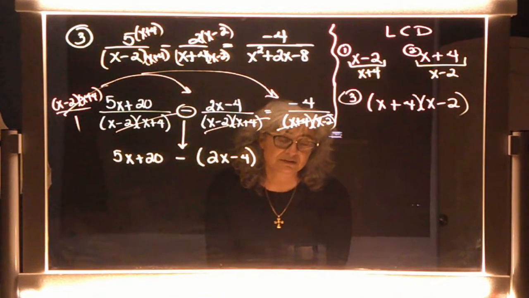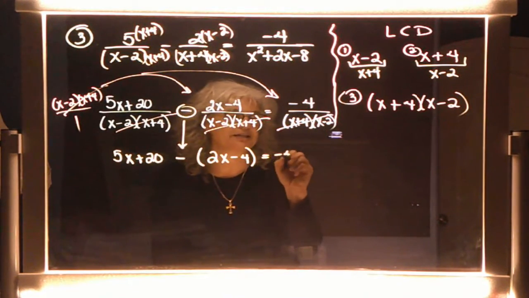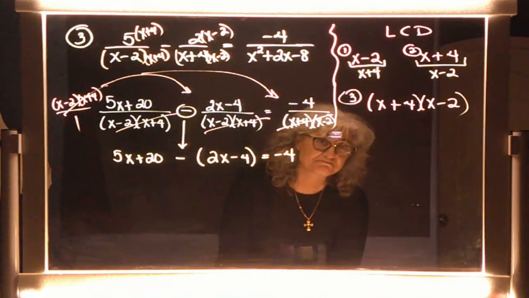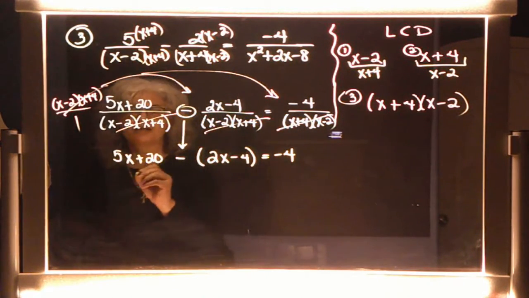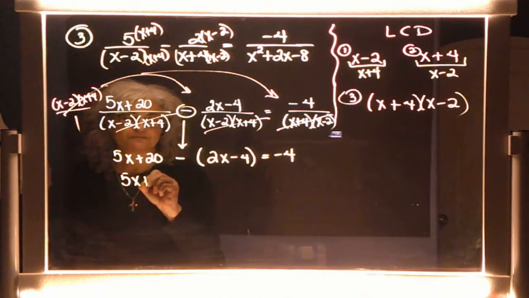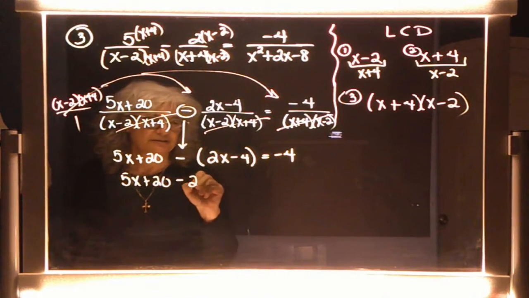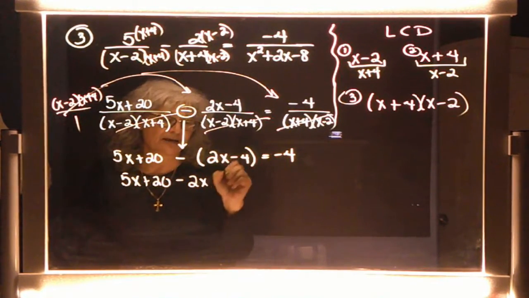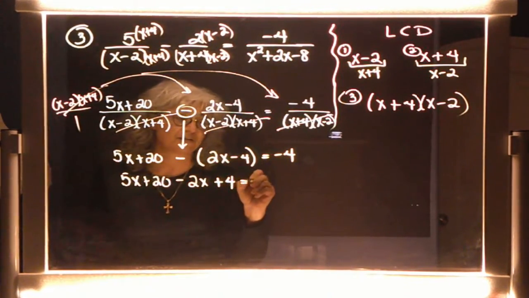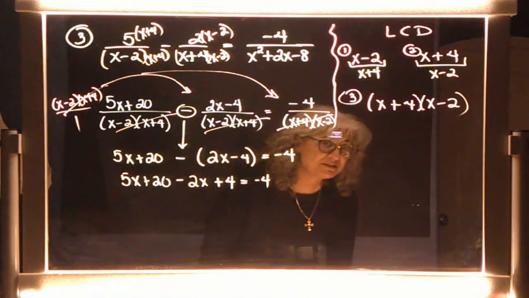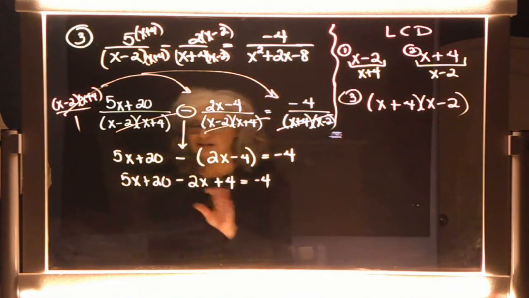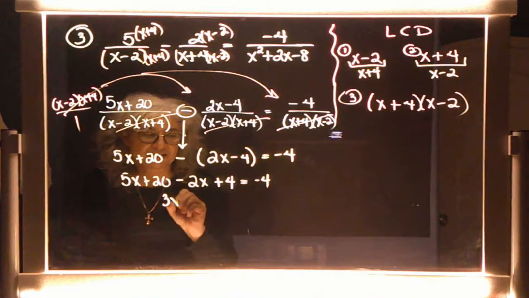Cool? Okay, and that equals -4. Got it? Awesome. Okay, let's keep working it out. We're doing good. See, we knew it was a -2x, but this is supposed to be a +4 on that side. With me? Okay, collecting like terms over here on the left.